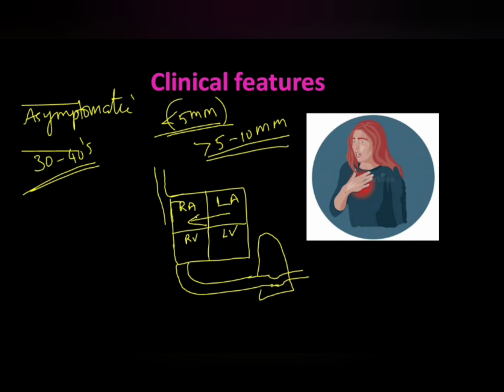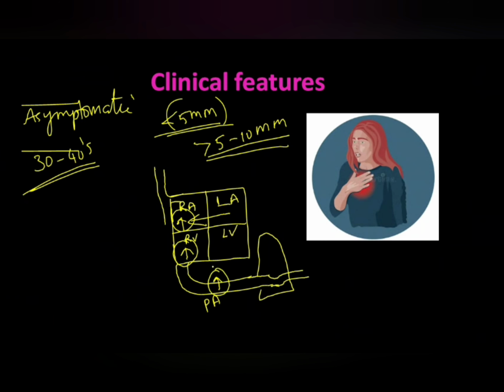When there is increase in volume in the right atrium, there is eventually increase in volume in the right ventricle also. And when there is increase in volume in the right ventricle, obviously in the pulmonary artery also there is going to be increase in volume. But when this increase in volume reaches the capillaries, it can cause exudation of fluid outside, which has to be avoided.